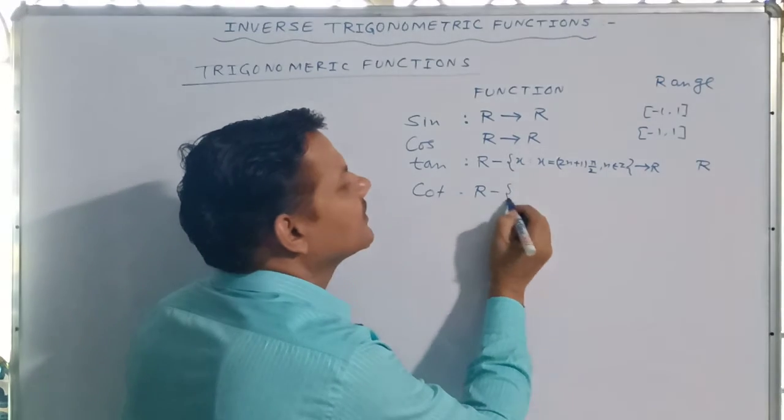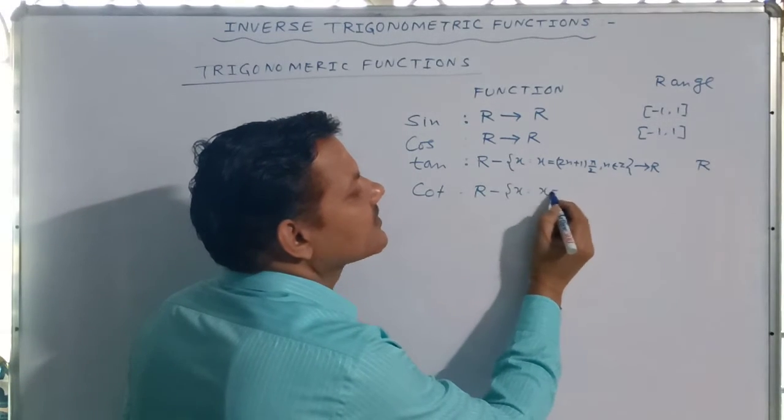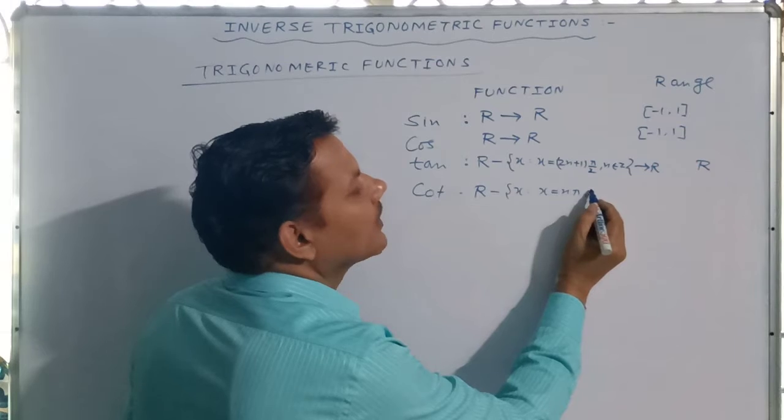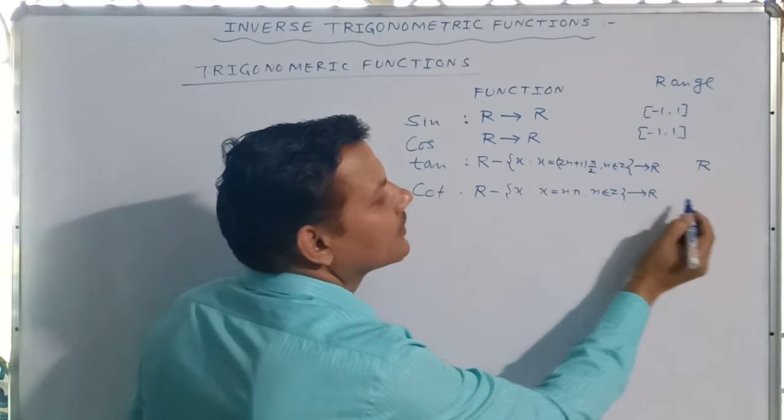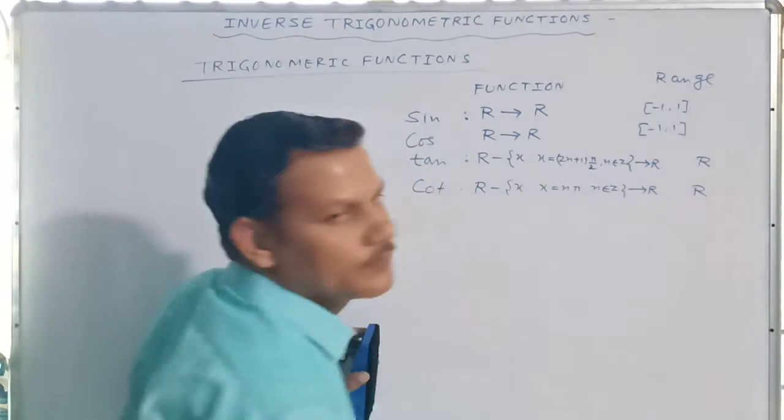That's why it is R minus {x such that x equals n pi, where n is any integer}, to R. Again its range is R.